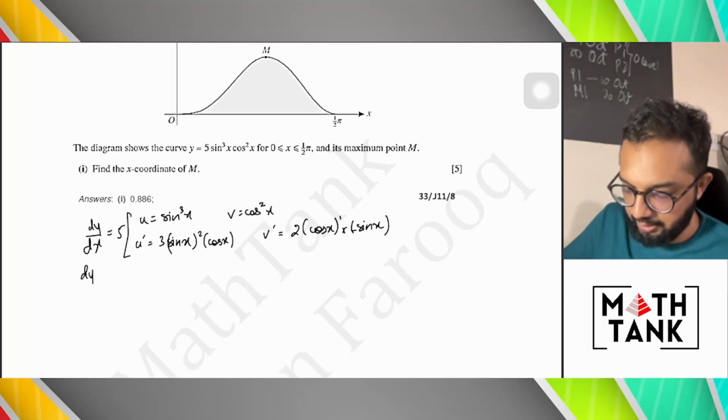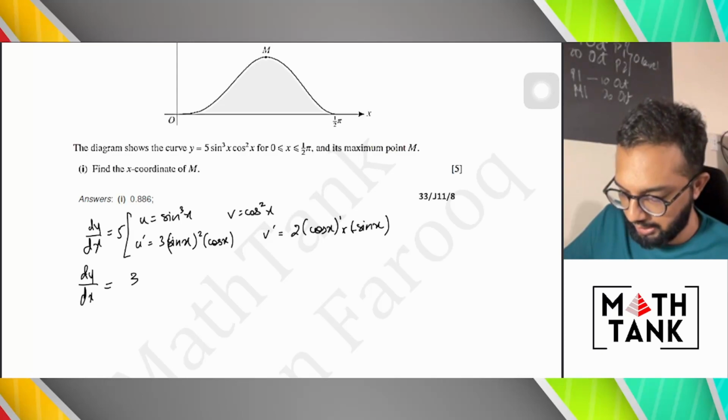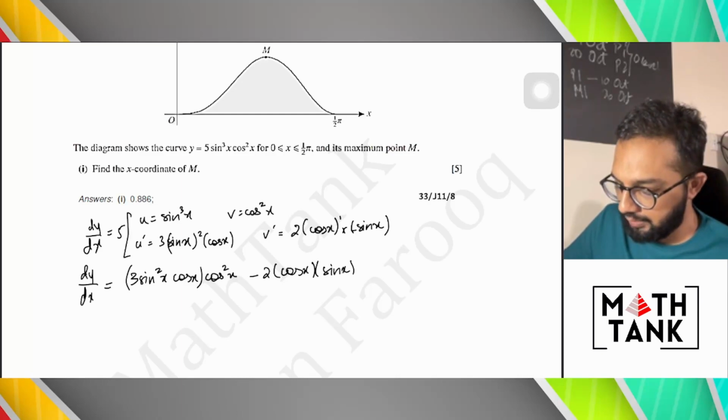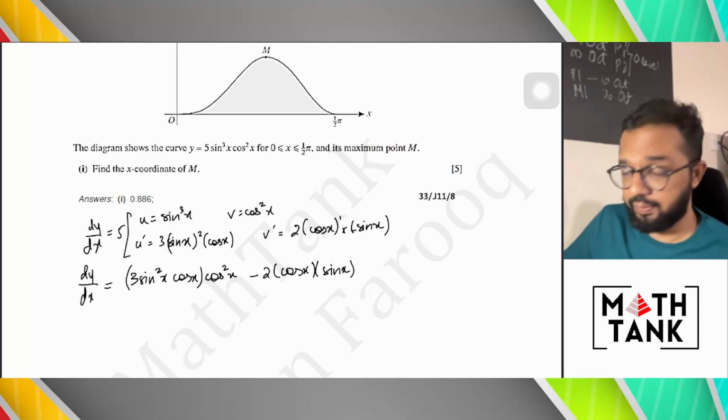And then I go on and apply my product rule, which is u dash v plus v dash, let's just put a minus outside v dash, because there was a minus with the sine, it's not part of the formula.